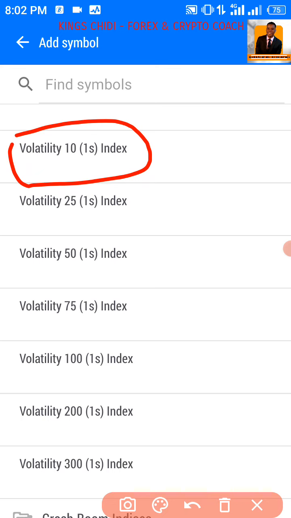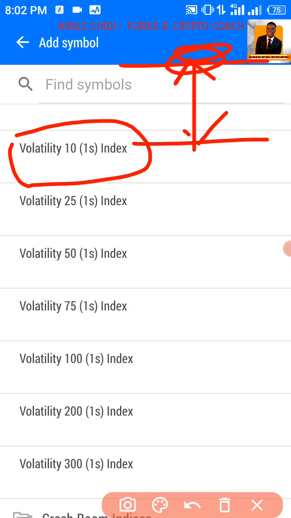If there's a movement either up or down, the amount you make, like the illustration I made here, if price moves from here to here and you sold from this place, the amount you make varies with different indices.